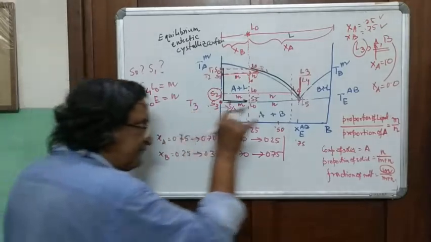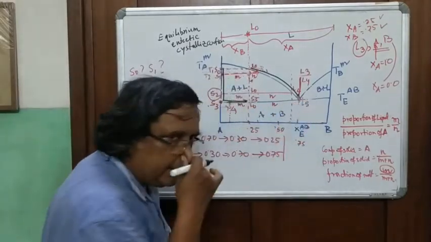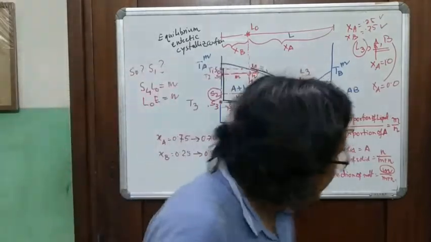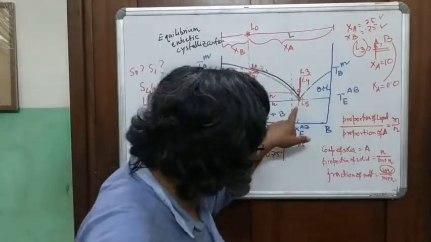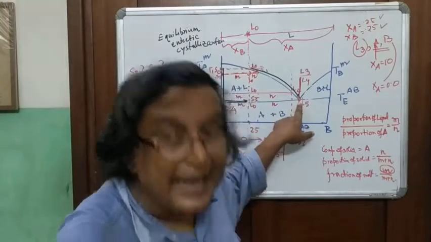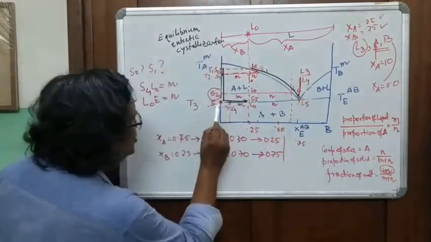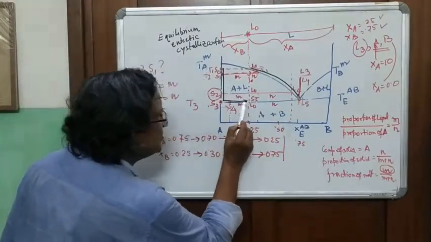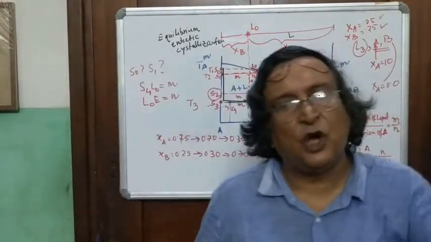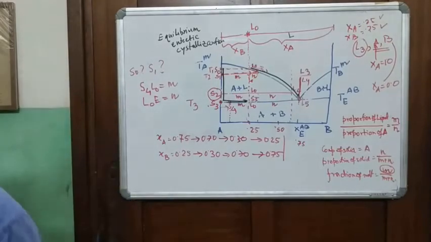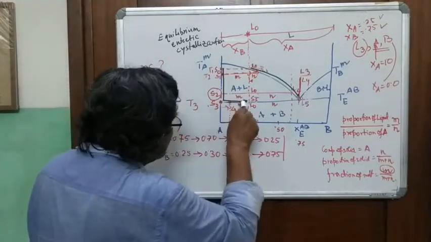Then, after reaching L3, the liquid composition did not change. This cannot be shown on this diagram. But the liquid composition did not change. But the solid composition changed. And the proportion of the solid also changed. There are two parts to this curve.